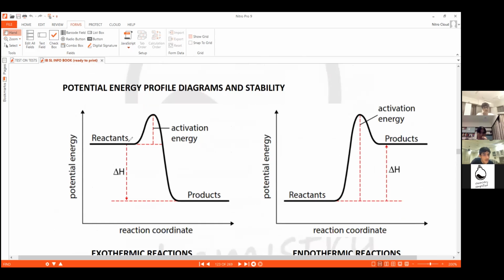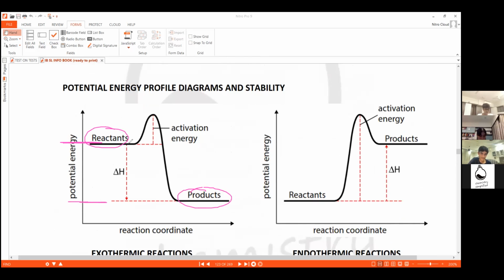See, this is the exothermic reaction. In an exothermic reaction, energy is given out. When energy is given out, the final energy is lower than the initial. Initial is higher, and final is lower.